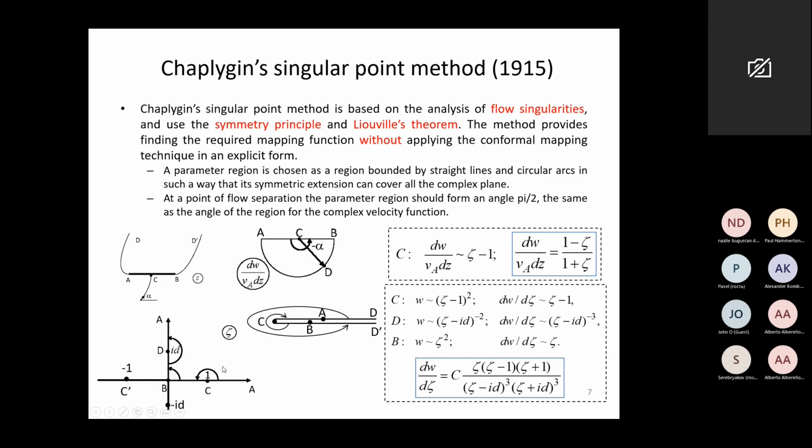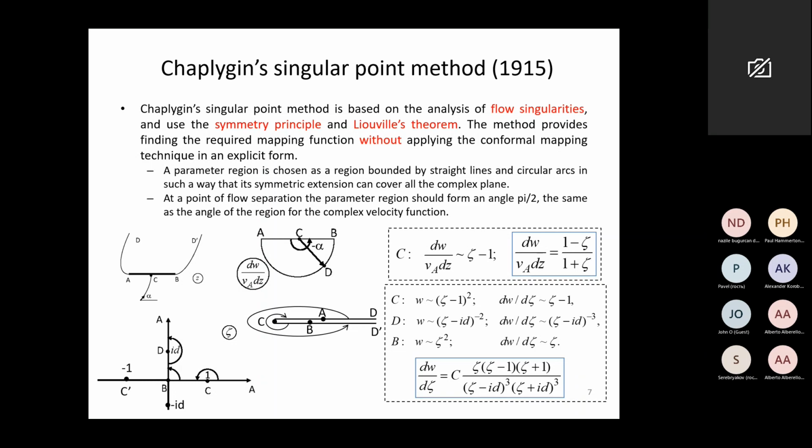We know that when we move along this infinitesimally small radius, the argument changes by pi, while here the argument changes by 2 pi. It means that here we need to put a zero of the second order to provide conformal mapping near the point C in the parameter plane and complex plane.